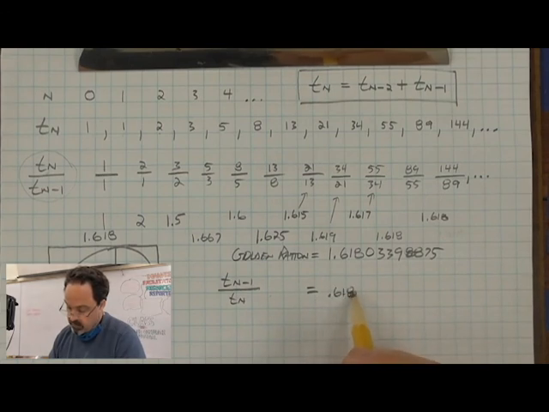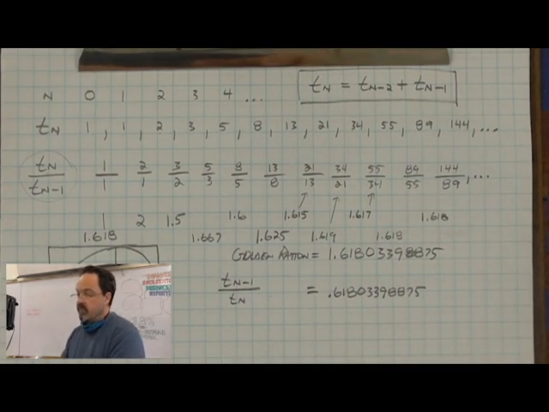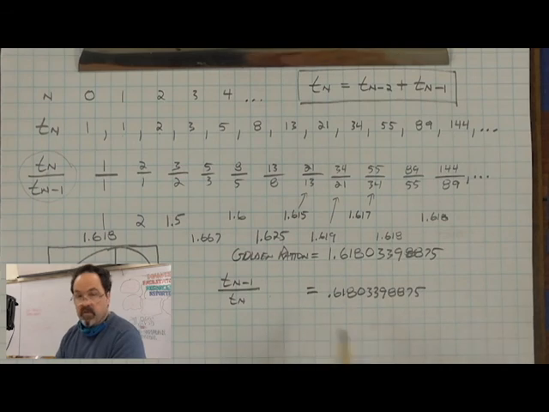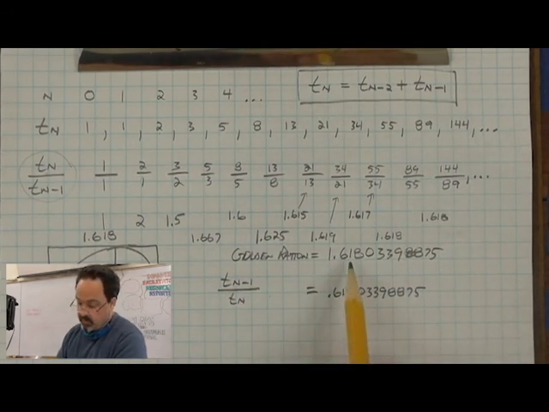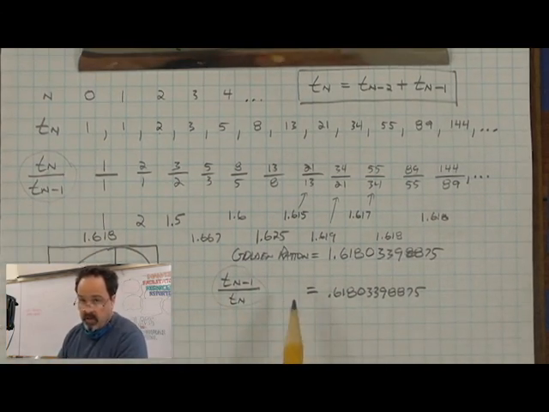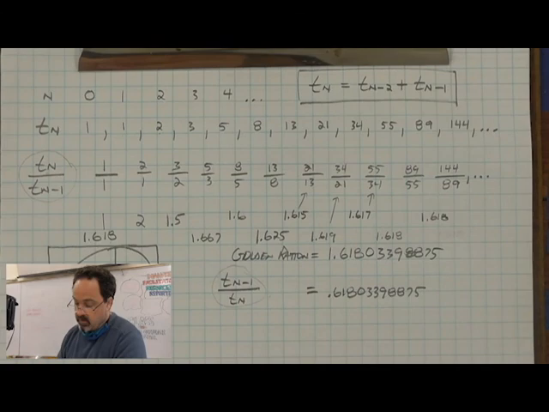It will also be the golden ratio, except that it doesn't start with the leading 1. It's less than 1. But these two ratios are reciprocals of one another, and they both generate the golden number.